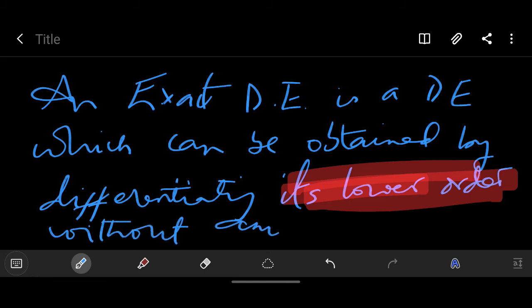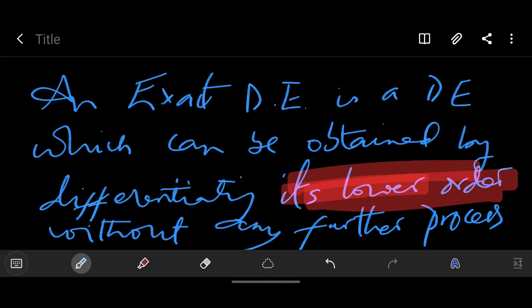I don't mind my handwriting. So if we can differentiate some differential equation and we get its higher order, then that higher order is always exact.